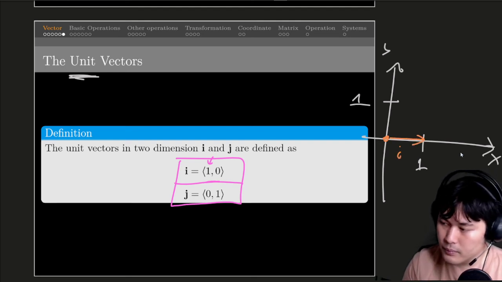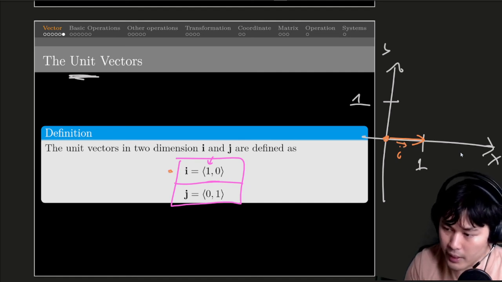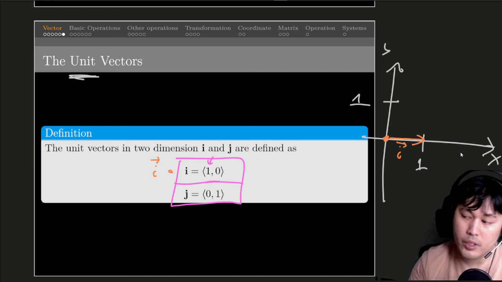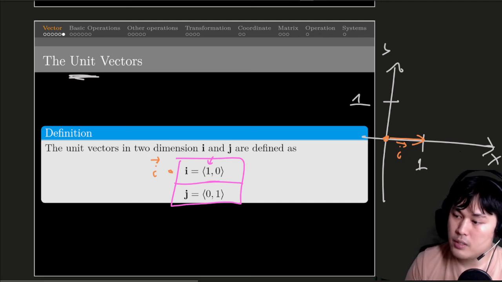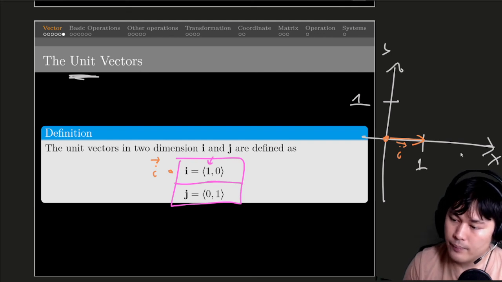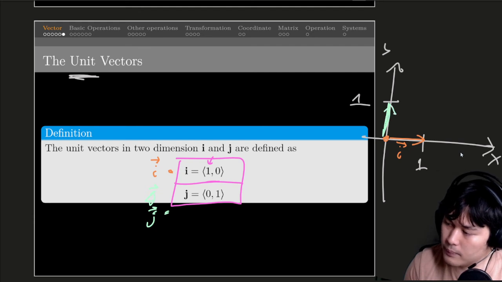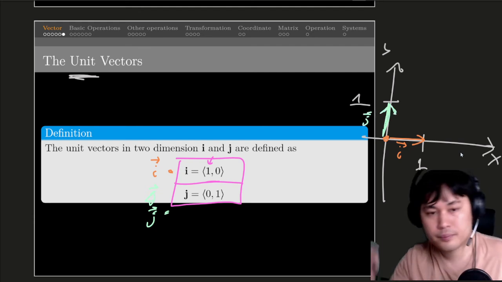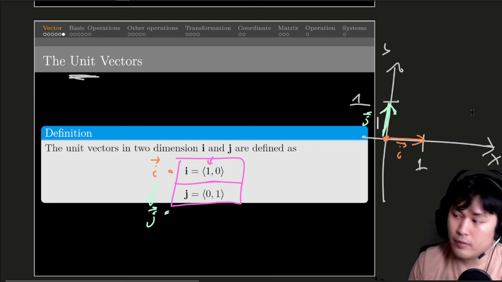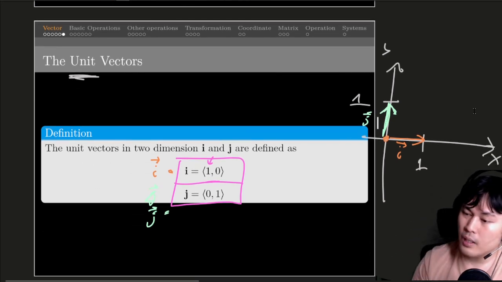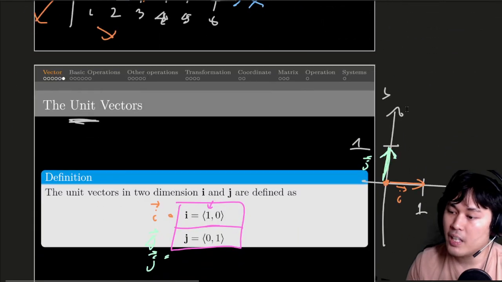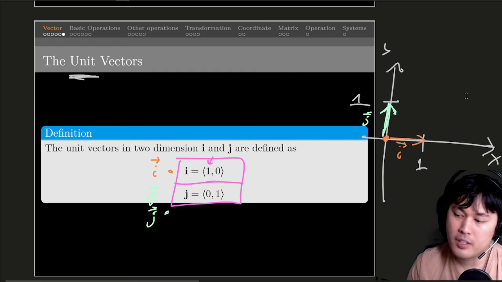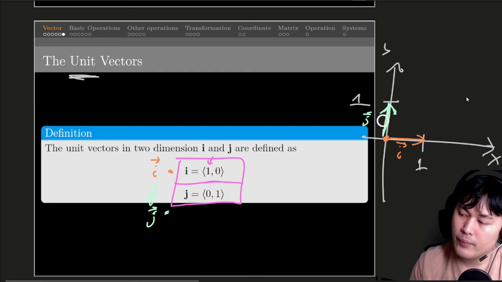Let me add the other notation where you put the arrow on top. Then we have a vector j, which moves up one step. These two are the special vectors, because any vector can be rewritten using these two vectors.